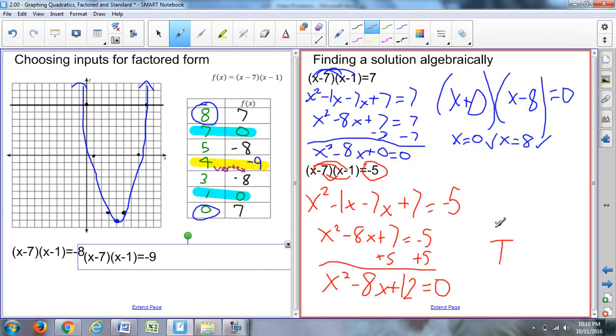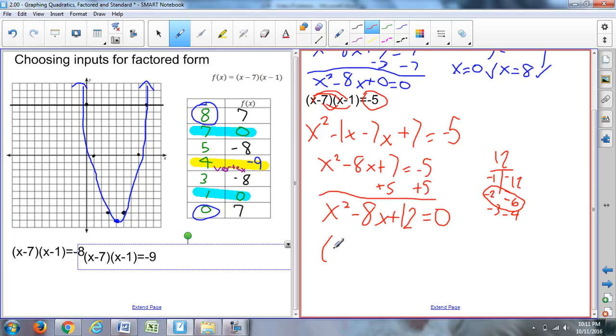Negative 1 and negative 12, negative 2 and negative 6, and negative 3 and negative 4. Negative 2 and negative 6 is the only combination that sums to negative 8.